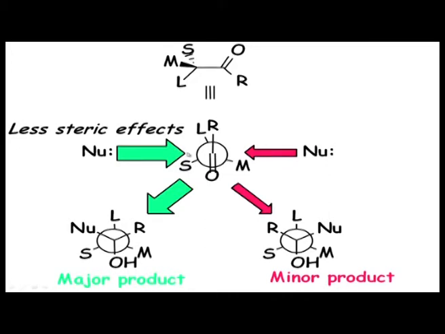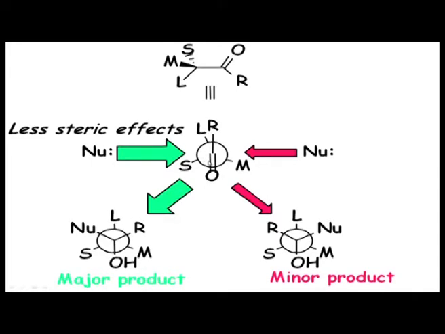This is the nucleophile, and this SML remains at the same position. Only when the nucleophile comes from this side, the oxygen goes to the right side, and the rest remains at the same position, because it was 107 degrees.